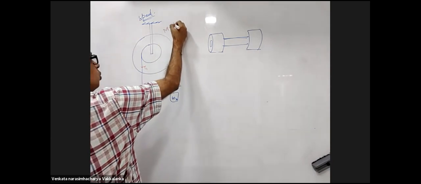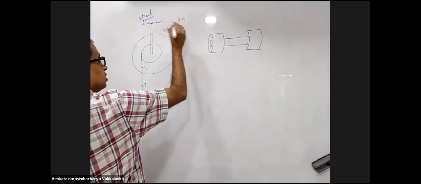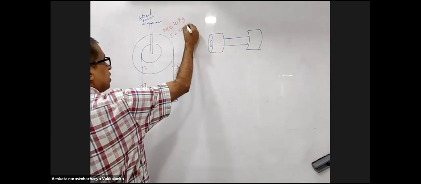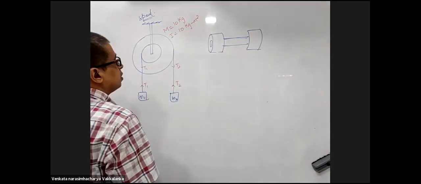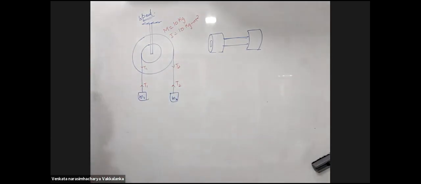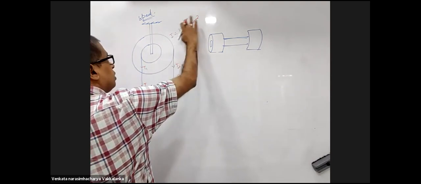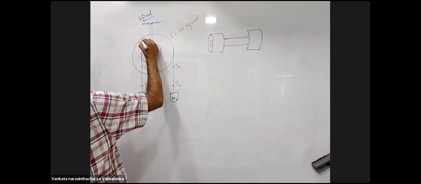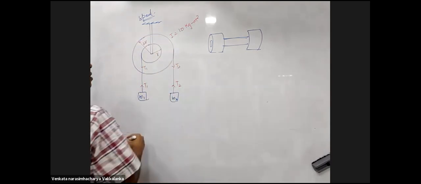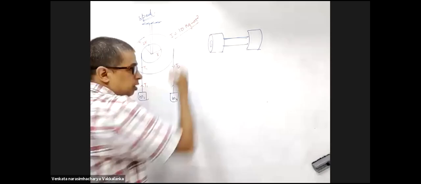Mass of the spool I am taking as 10 kg. Moment of inertia of the spool is 10 kg meter square. I don't need to give you the mass of the spool. Inner radius is R, outer radius is 2R.